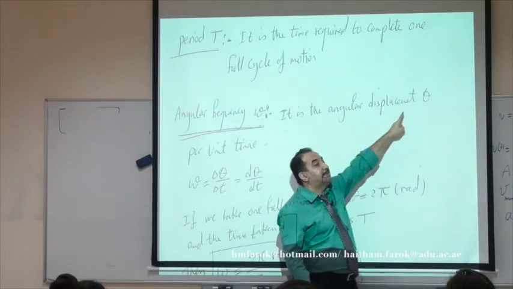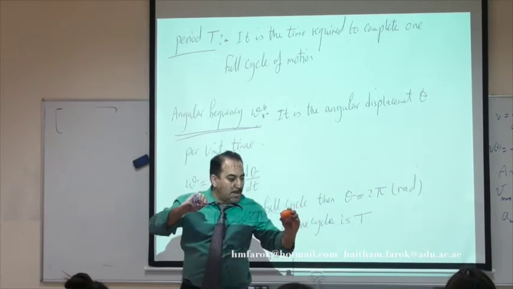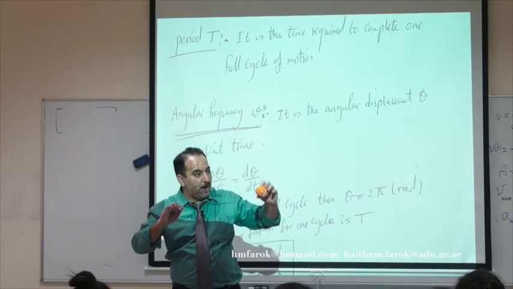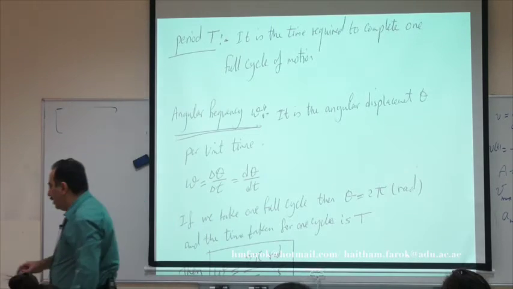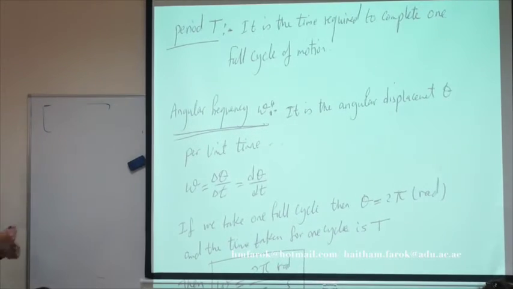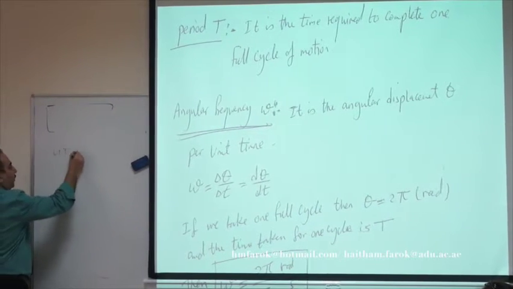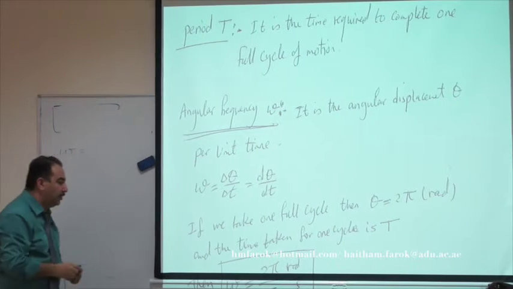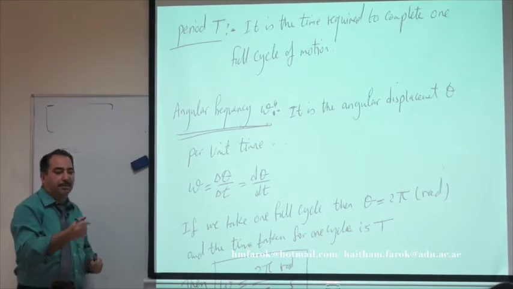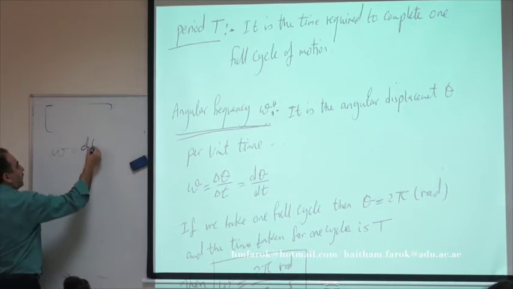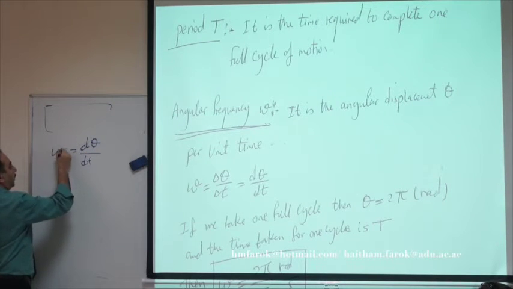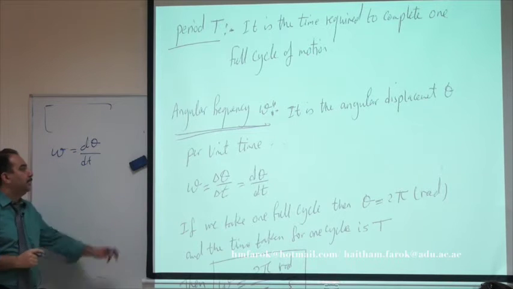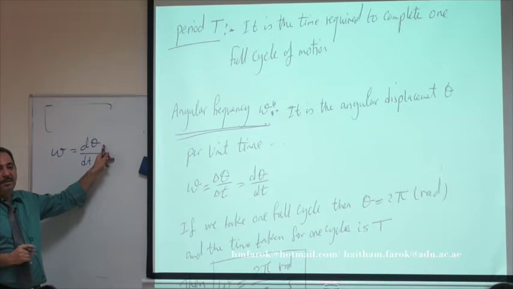It's the angular displacement. How much did you displace it as an angle, divided by the time. So omega is the rate of change of the angle theta with time. Angular displacement. What's the unit?